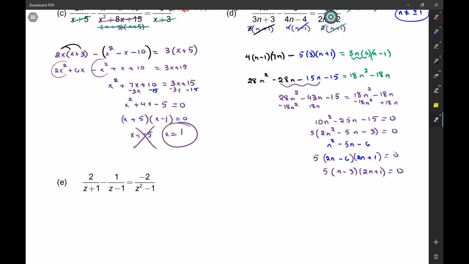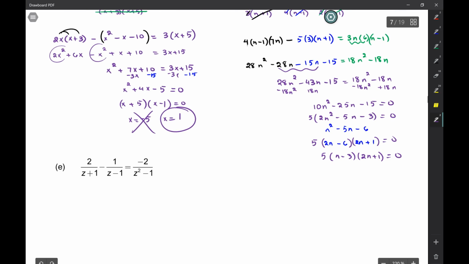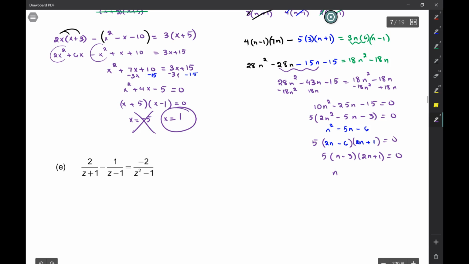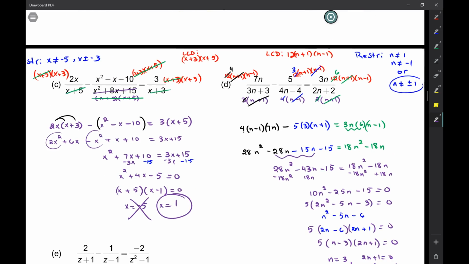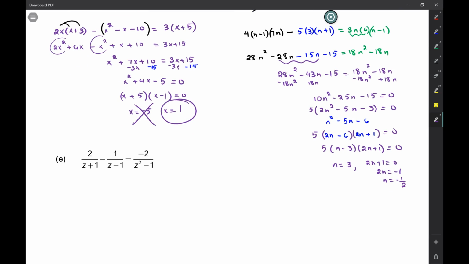No, you just simplify it. Now, what is n equal to? 3 and negative 1/2. Okay, any of these restrictions? No. The restriction was just plus or minus 1. So this works and this works.